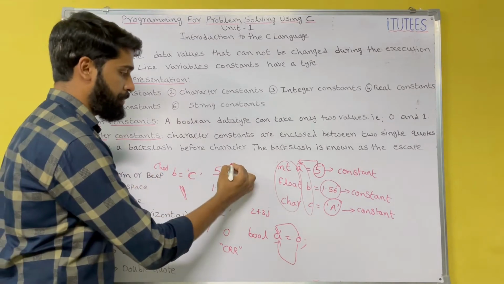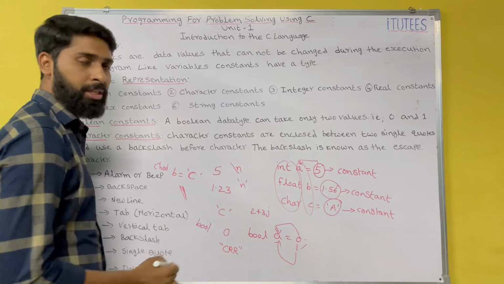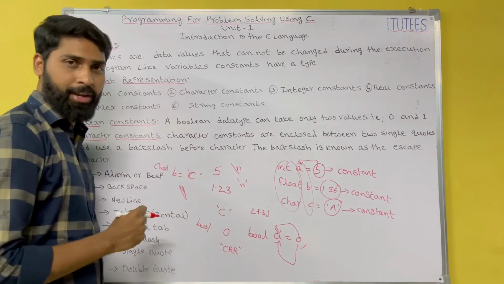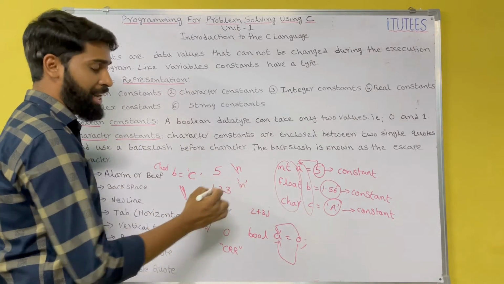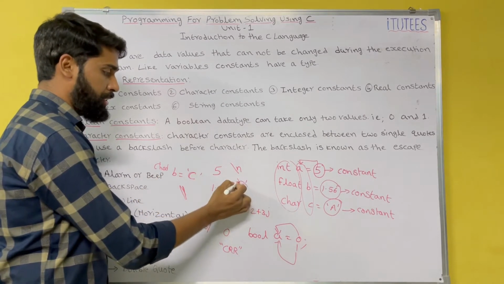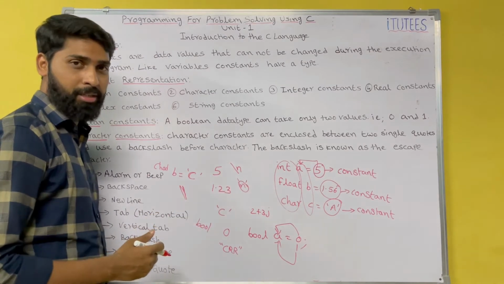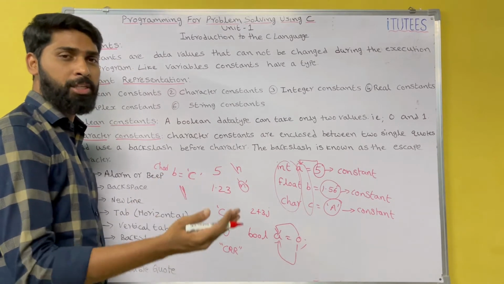For example, there is escape character \n. If I give n in single quotation, then n is assigned to the variable. But what is the meaning of \n? After the slash there is a character, and for this character there is a special meaning.